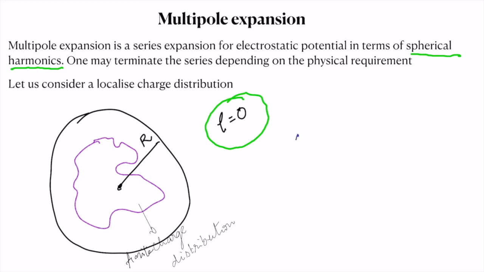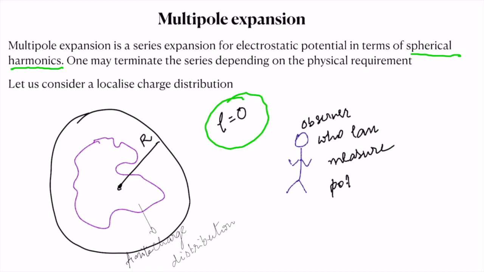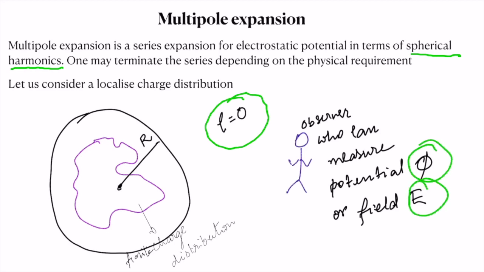And we would like to see the potential because of this charge distribution outside this region, where rho is 0. We want to calculate either the potential or the electric field. So this is the basic idea of multipole potential.